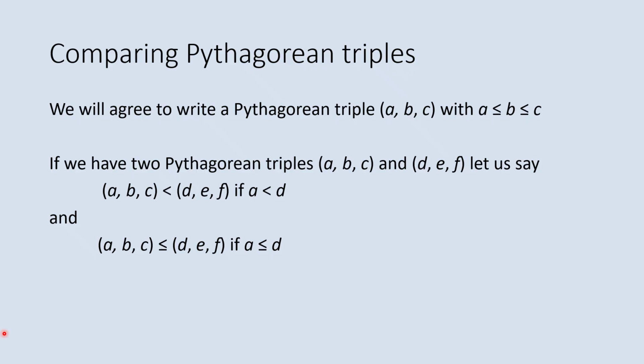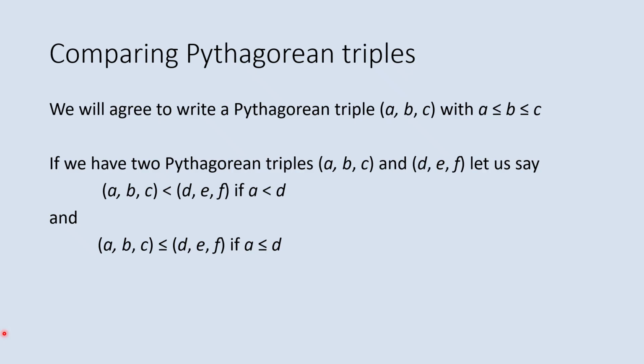But let's think about this. We're trying to understand these like we understand numbers. We learned about numbers, and then we learned how to compare and say this number is bigger than that number. With counting numbers, that made sense because you had to add more to get there. With fractions, we took some time and learned how to compare two fractions and see, is this fraction bigger than that fraction?